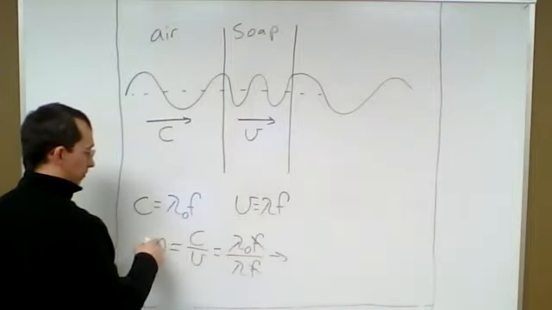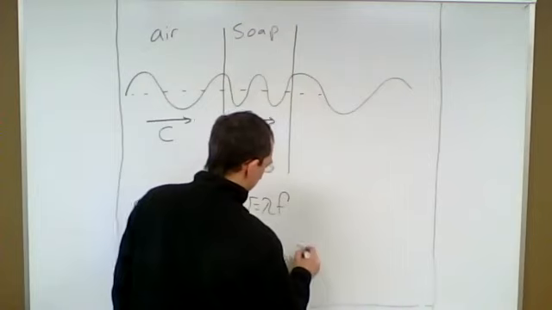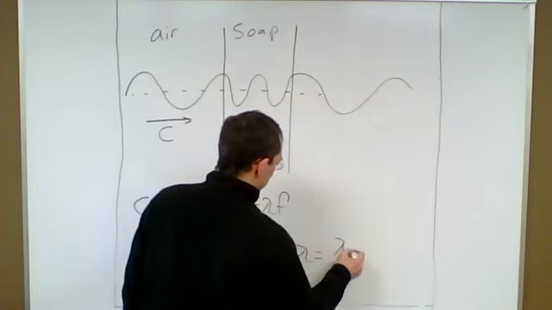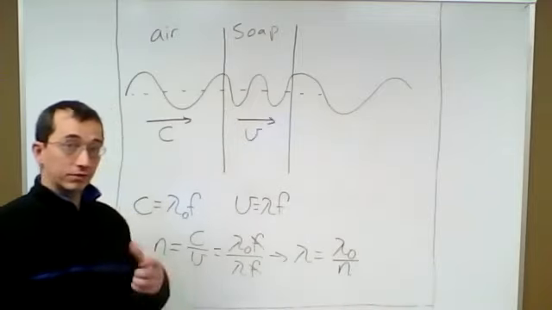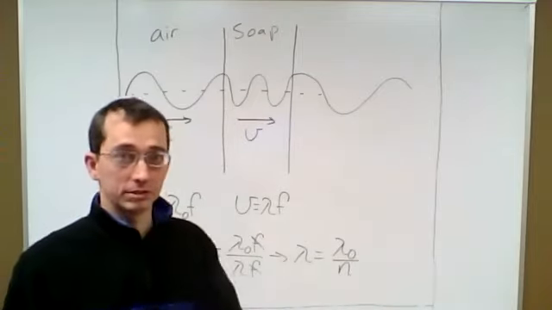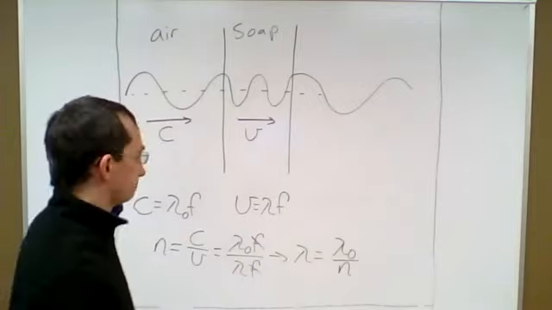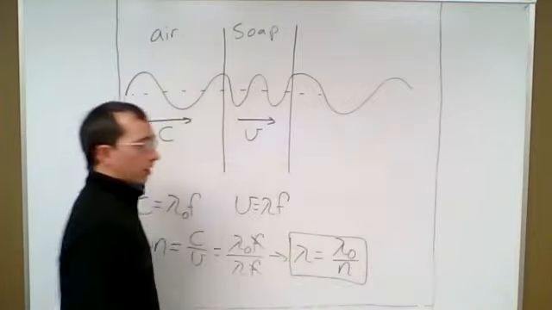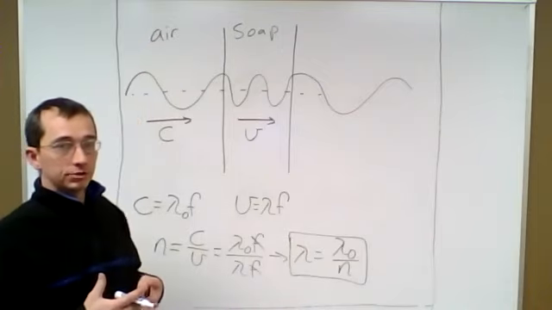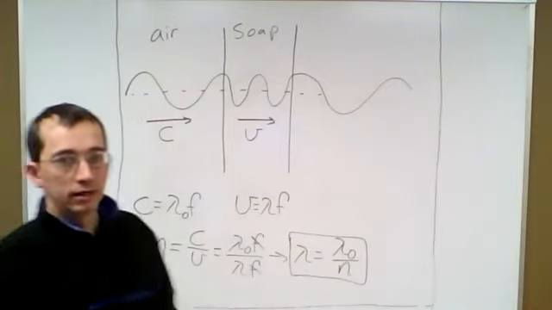Just multiply that up, multiply that down. I get lambda equals the original wavelength divided by this number, the index of refraction. So that is now a way we can think about the wavelength. How much did it change? And we'll use that later on.